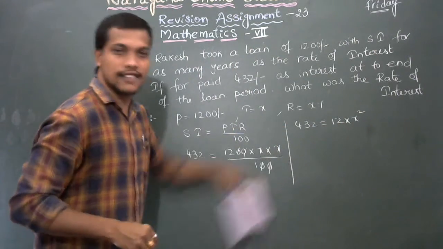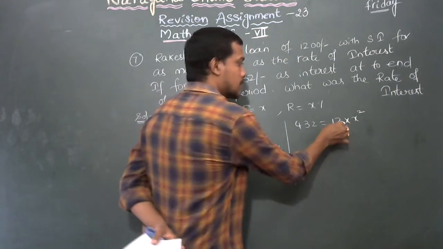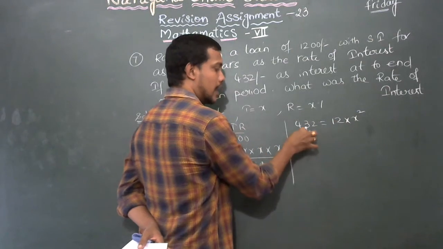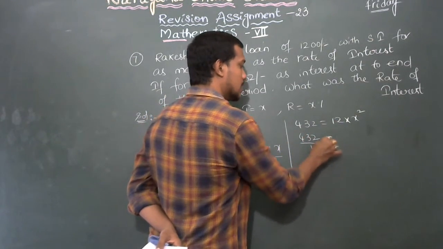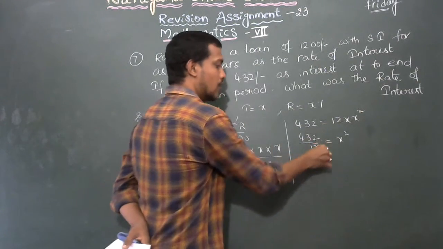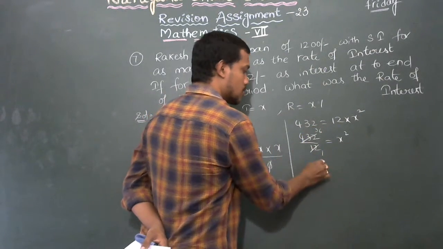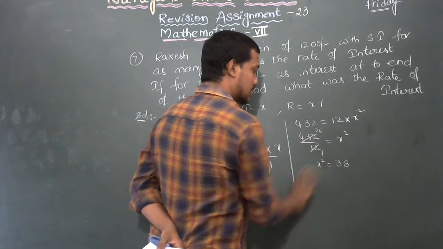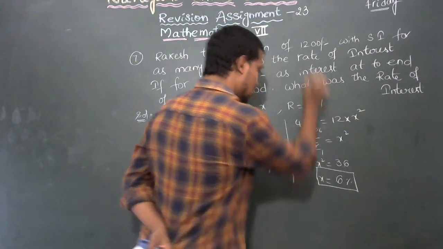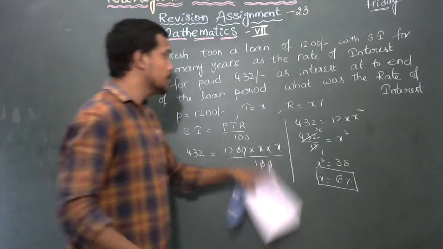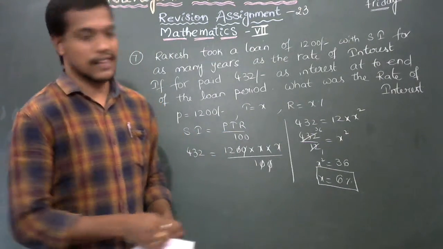This 12 we bring to the left side, it is divisible. 432 by 12 is equal to x square. 12 ones are 12, 12 threes are 36. So x square equals 36. So x equals 6%. So the rate of interest is 6 and the time also 6.